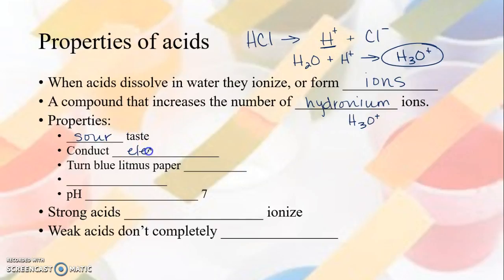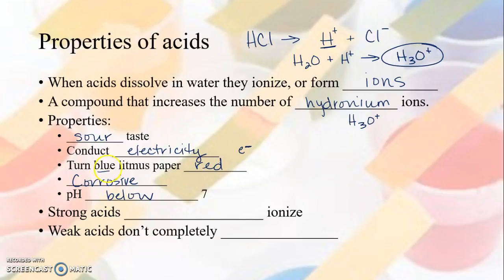They are good conductors of electricity because they break apart into ions, and remember, to conduct electricity you need charged particles. When you put blue litmus paper in them, they turn that blue litmus paper red. They are corrosive, and they have a pH below 7.